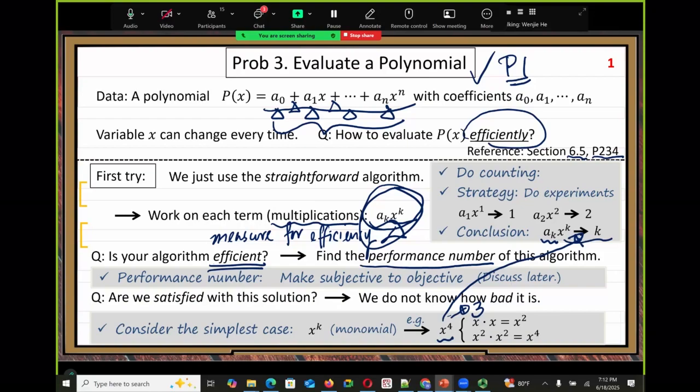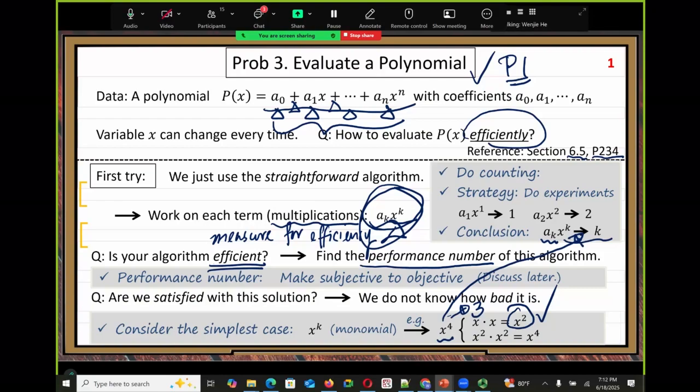For the second multiplication, because we already have this x squared value, can we use it twice? x squared times x squared, so we get x to the fourth. We do not need to calculate x to the third. Why do we need to go through x to the third?